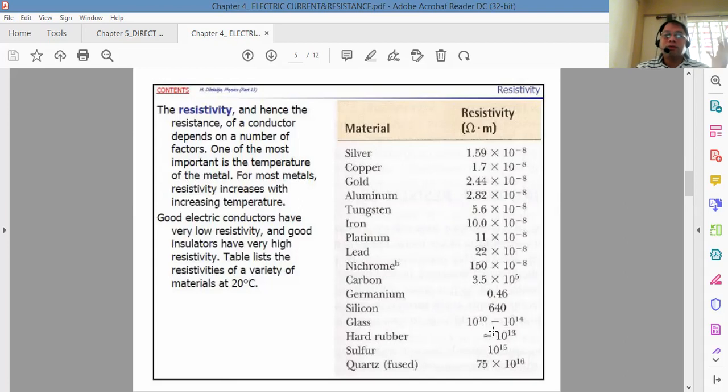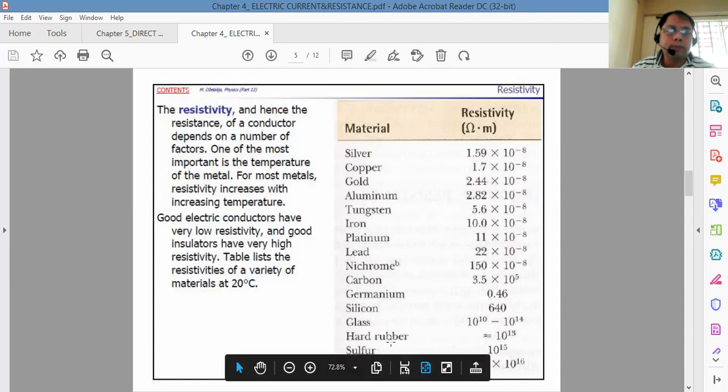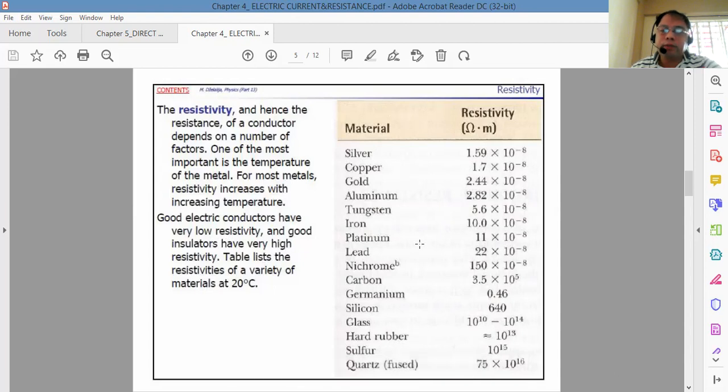The ground is where the charge always goes whenever there's a fault. So it keeps the electrician safe when they wear this standard rubber shoes. So again, rubber is one of the materials with very high resistivity because it's a very good insulator.